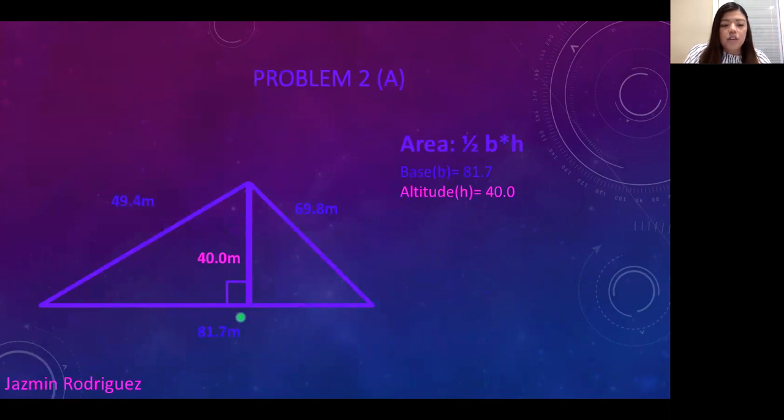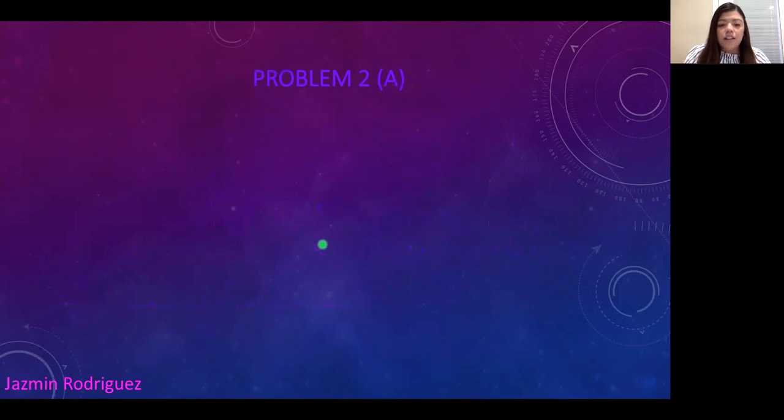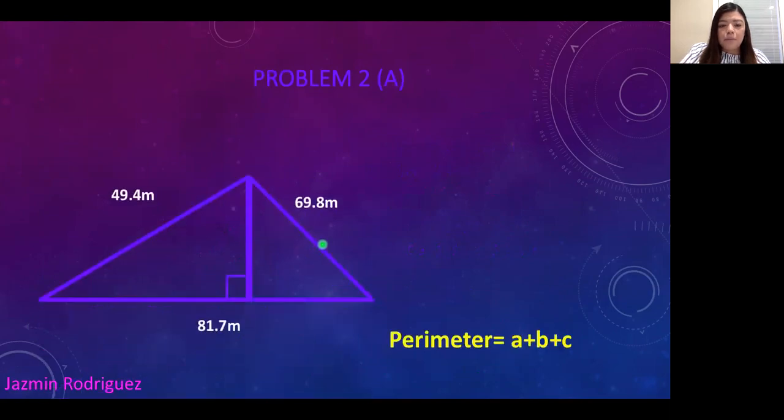And so this is our base, because this is how long this is, and this is going to be our height of our figure here. And now we'll plug that into our formula, and we get that our area is there.